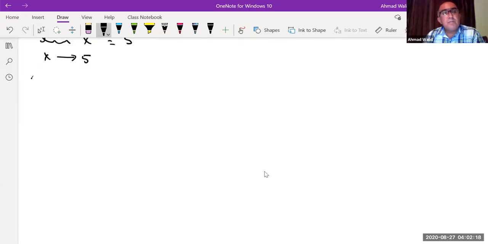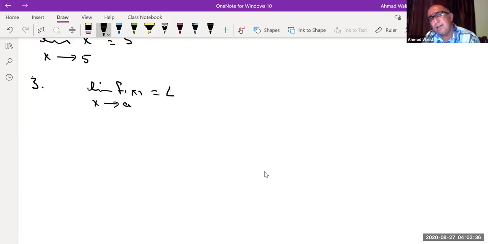which is the limit of addition. For example, if you have a function f of x, and the limit of f of x as x approaches a, as you saw the other day in the definition, gives you L1.